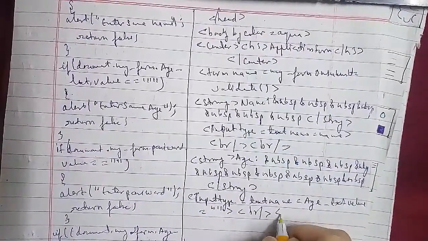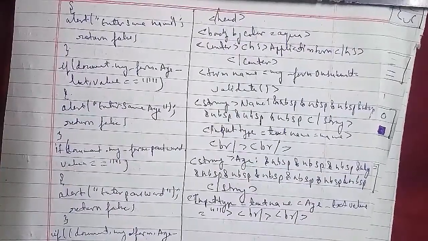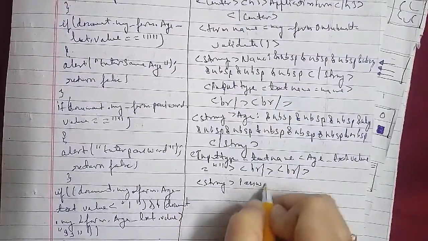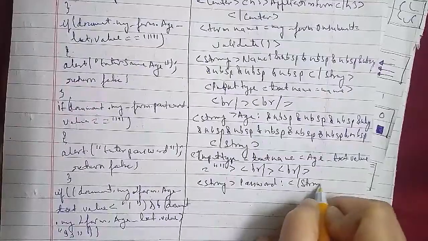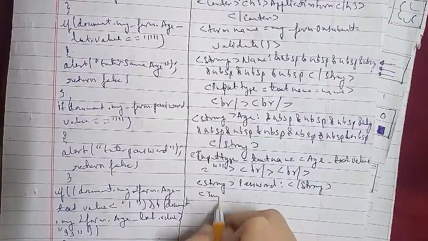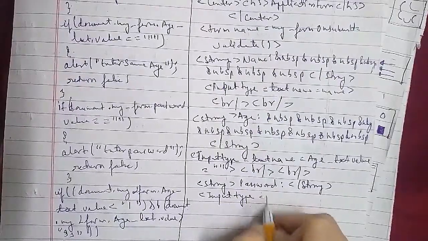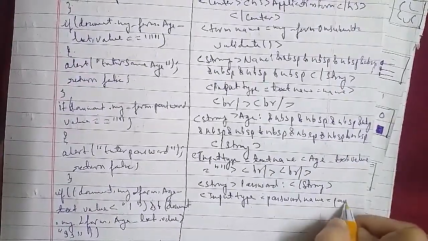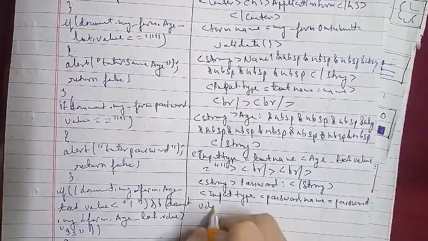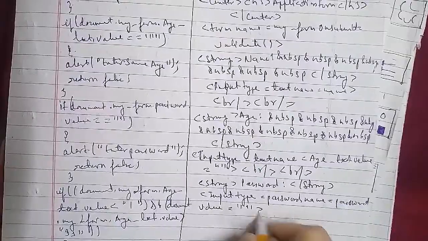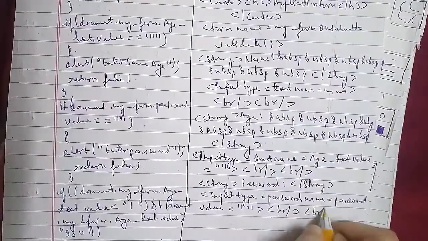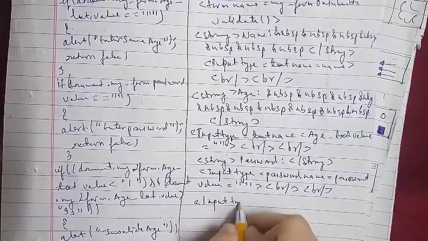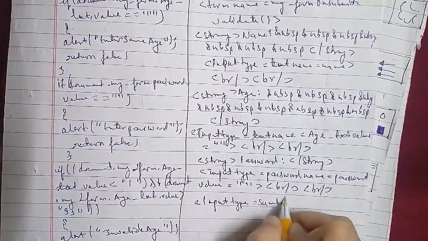script language equals to JavaScript, function validateForm, start the curly bracket, then if form.gender[0].checked equals to false, and form.gender[1].checked equals to false.